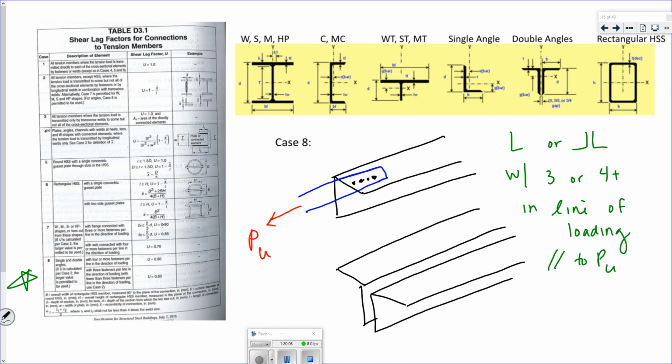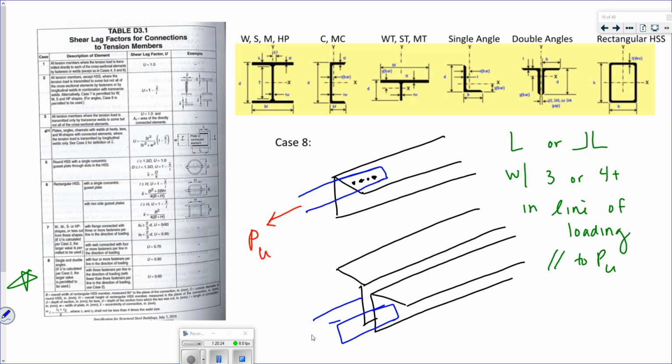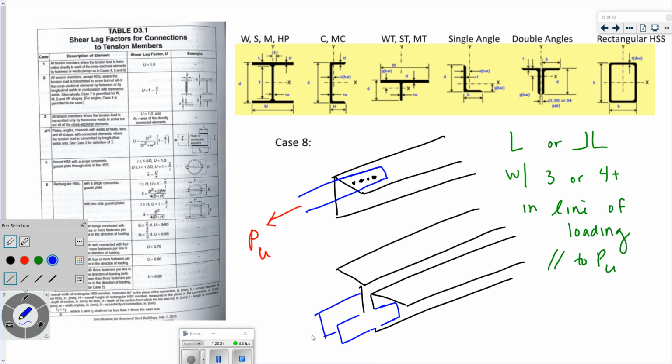Alright, there's my 2 angles back to back. And let's say I have a plate on either side, and let's say it has 3, right? 1, 2, 3.